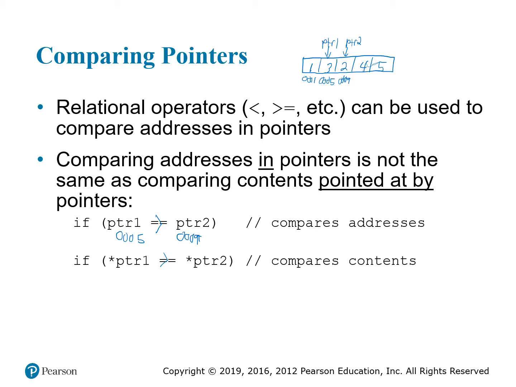Address 5 is not greater than address 9, so that evaluates to false. But if we do star pointer 1, star pointer 2, star pointer 1 is the value 3, star pointer 2 is the value 2, 3 is greater than 2, so this expression evaluates to true.